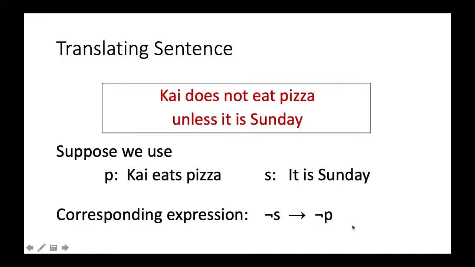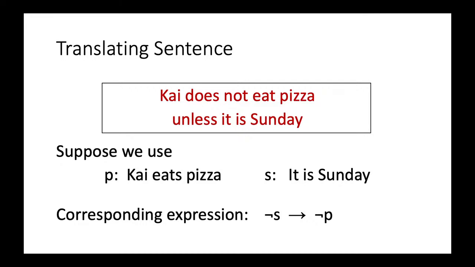Is that okay? And then I have just seen another possible answer. Someone says we can write it as P implies S. P implies S means that if Kai really eats pizza, then it must mean that it is Sunday. So P implies S. Now this is also correct.